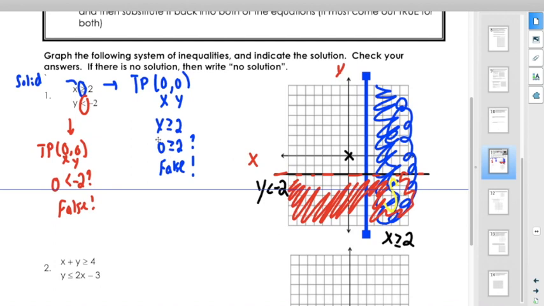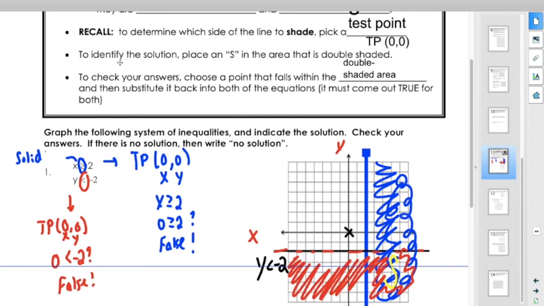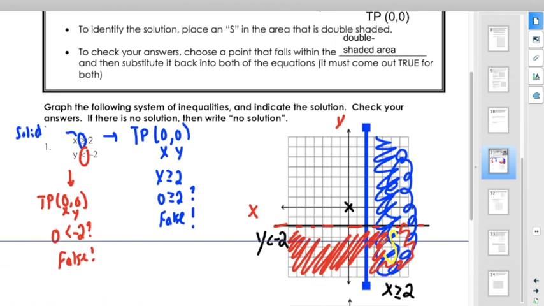All right. To check, we just want to pick a point inside. Any point in here, any point that's x and y. I could pick 3, negative 3 if I wanted to do my check. All right, I just want to see if 3, negative 3 worked.